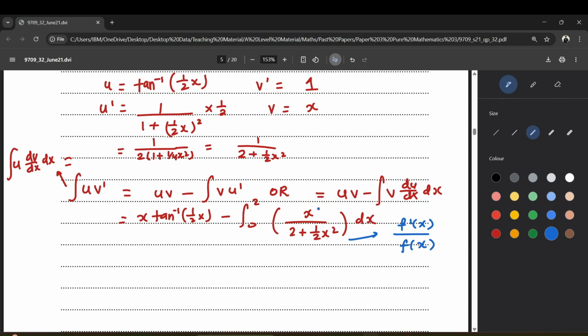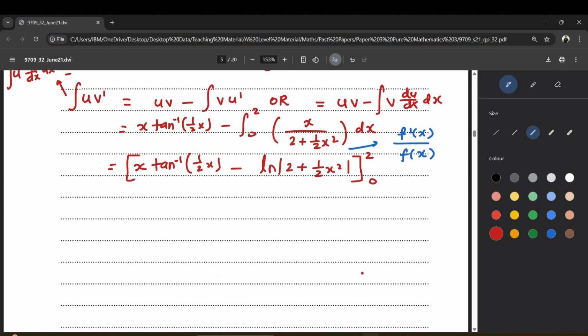Isn't that x the derivative of this already given over here? So you have a derivative of a function divided by the original function. So when this situation pops up, we can directly write this as ln of 2 plus half x square, and then we're going to write the limits on this side.